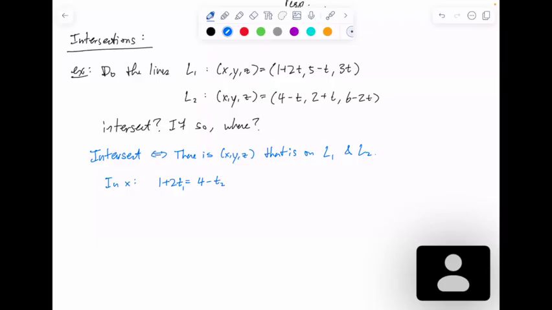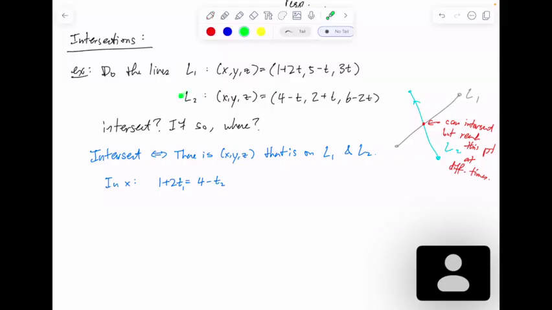So for example, if this were L1 and this were L2, they can't intersect but reach this point at different times. So I need to account for this possibility by introducing a separate time variable for L2, because in essence the clock in L1 and the clock in L2 don't have to be synchronized for me to answer this question.